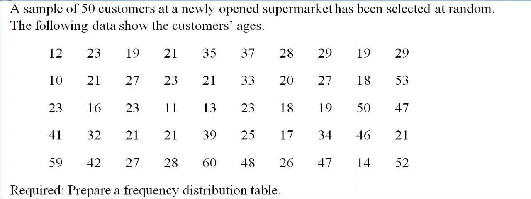Step 1 is to compute the range by deducting the lowest value from the highest value. In this problem, among the 50 customer ages, which one is the highest?